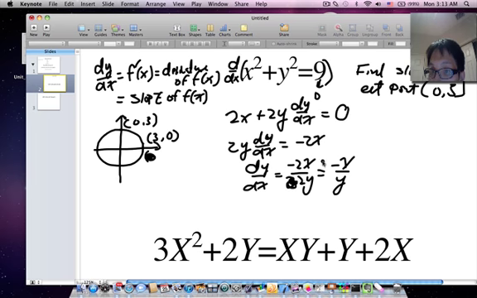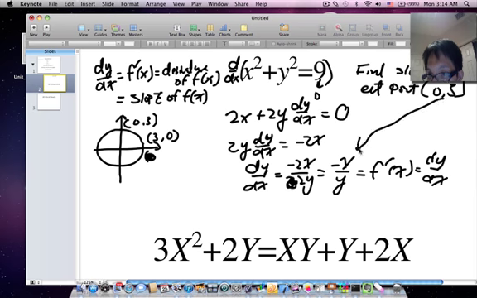Let's say we want to find the slope at the point (0, 3). Now all you have to do is plug in here. So f'(0, 3) is equal to minus 0 over 3, equal to 0.